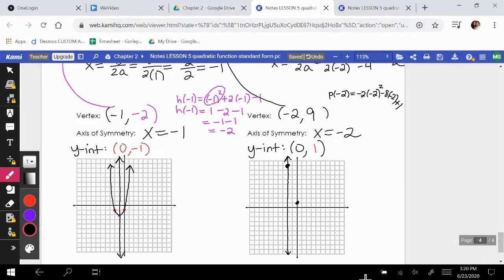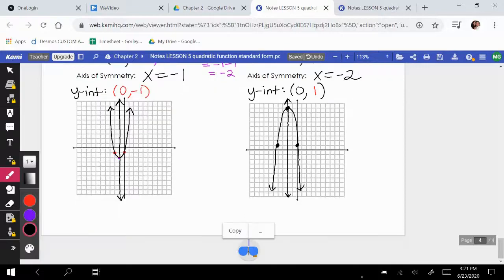And then I reflect that across the axis of symmetry. See how this is a distance of 2 away from the axis of symmetry? I want to go a distance of 2 away here and put my mirror point. All right, and then connect those points in order to get your parabola. Perfect. There you go.